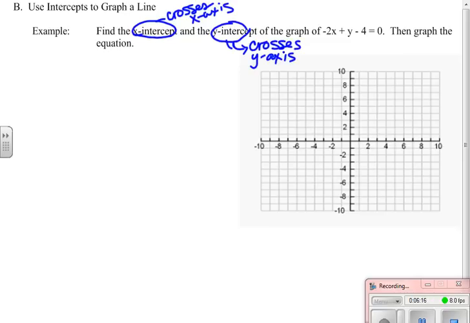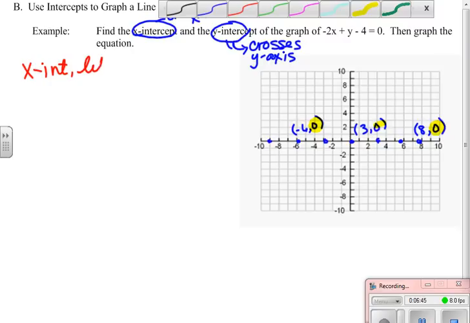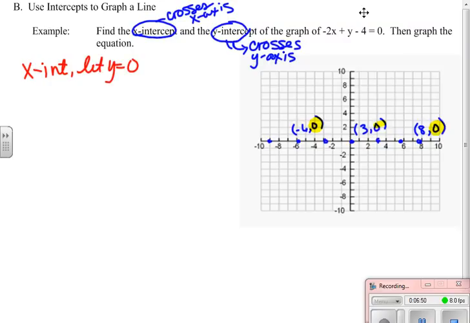If you think about every single ordered pair on the x-axis, look at what they have in common. They all are some number, 0, some number, 0, some number, 0. So when we go to solve for the x-intercept, let y equal 0 and we solve for x. And that gives us that value.